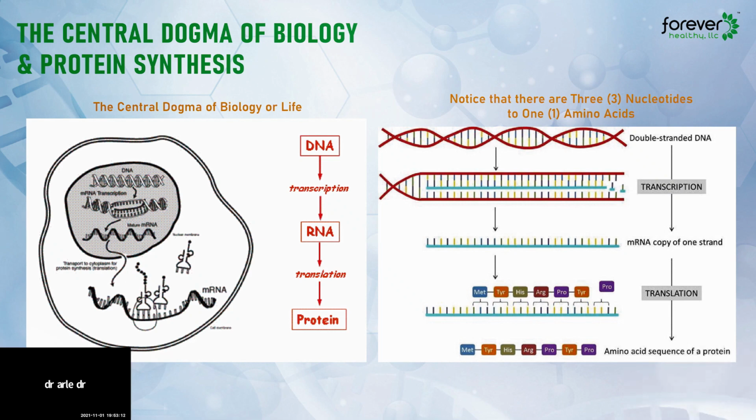As a review, there are 20 amino acids. For every 3 nucleotides, 1 amino acid. So on the right portion, this is now the summary: double-stranded DNA. Notice it's double. It unwound. Notice it opened up. And through transcription, the RNA was copied as a single strand.